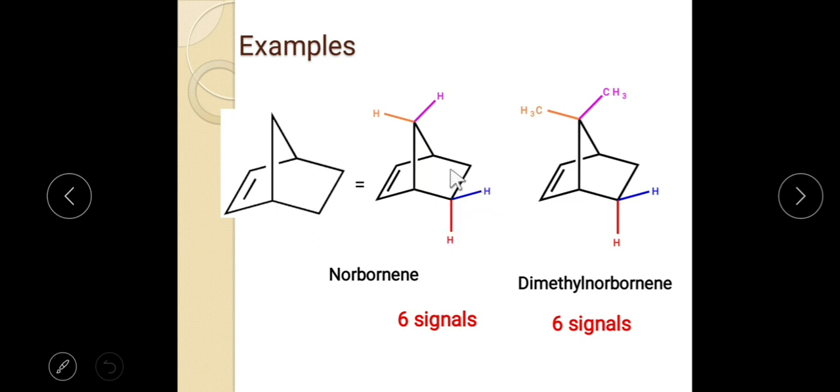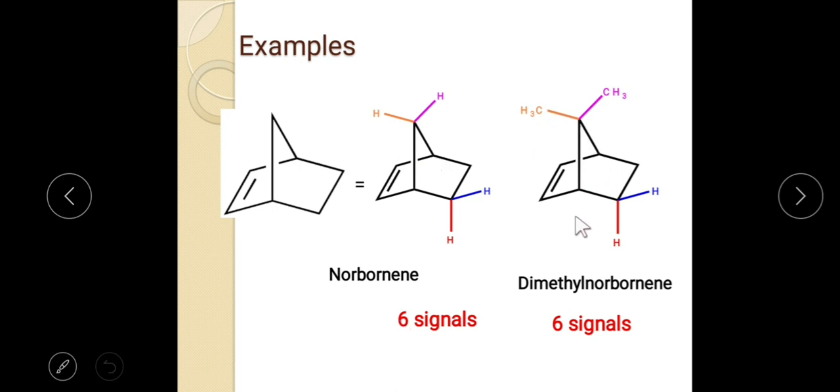differently. So we have 4 different types of hydrogen. Although there is a plane passing through this bridge carbon, we need to consider only one part. So 1, 2, 3, 4, 5 and the last one is 6. So this type of norbornene system will show 6 signals in H1 NMR spectroscopy.